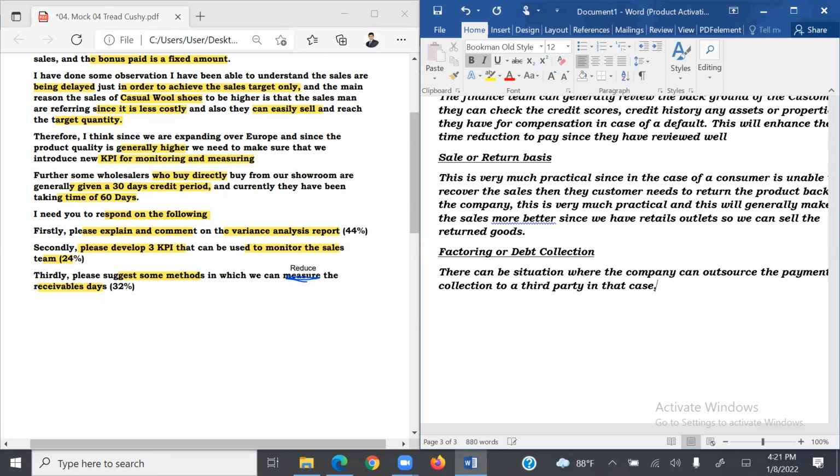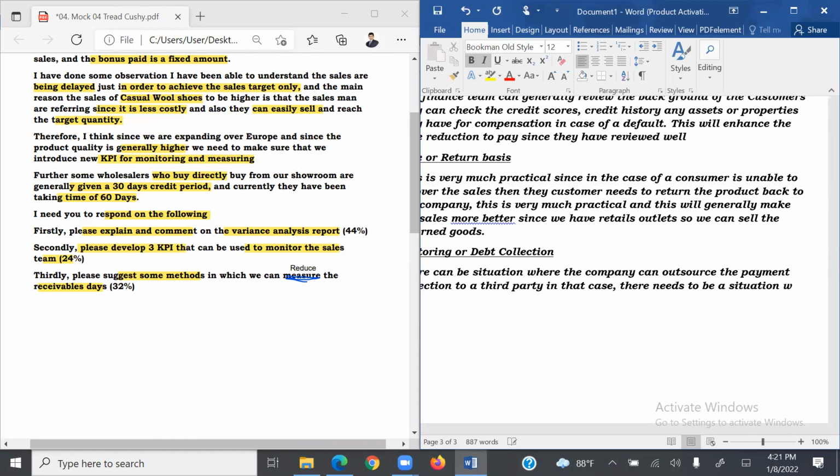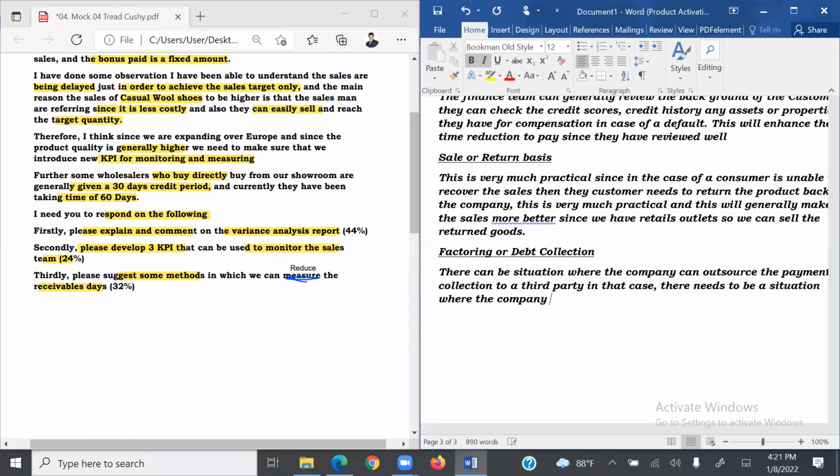In that case, the company will be able to collect faster.